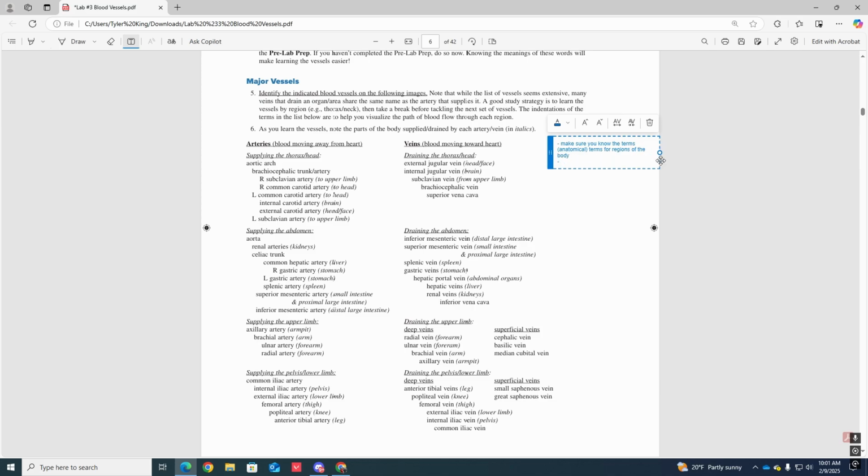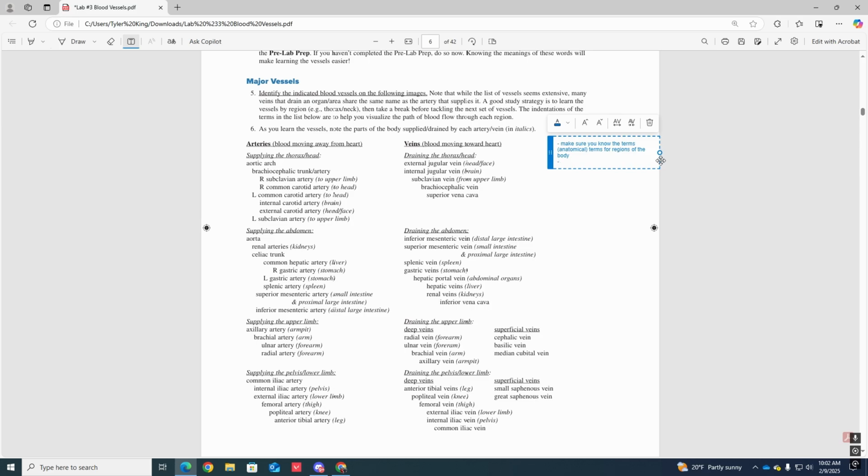Remember, for example, subclavian, below the clavicle. Jugular, meaning the neck. Brachial, meaning the arm. Ulnar, meaning the ulna. Radial, meaning the radius, right? Make sure we have these terms memorized, because that is what specifies where the specific artery or vein is in the body. That's the easiest way of knowing where I can find these things.